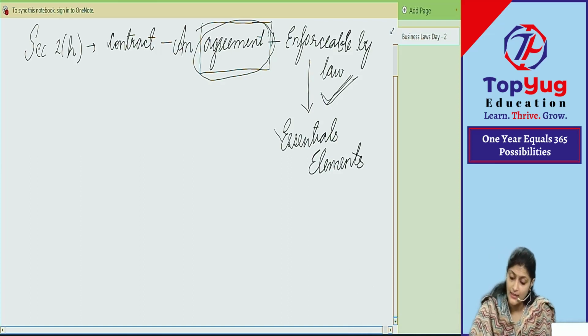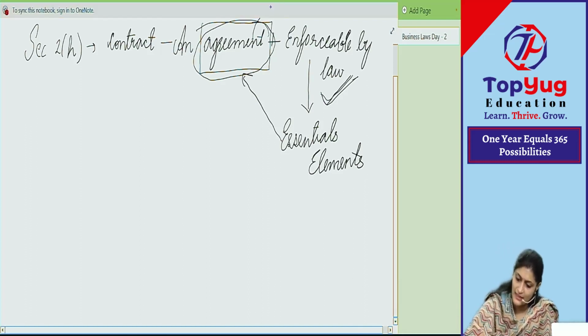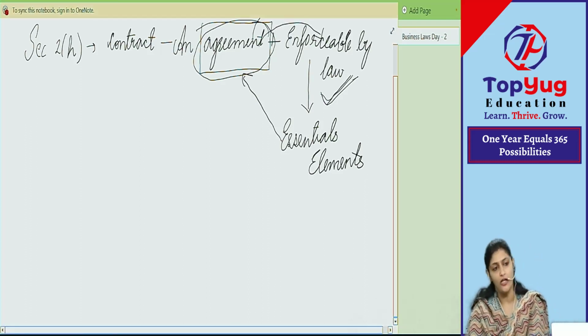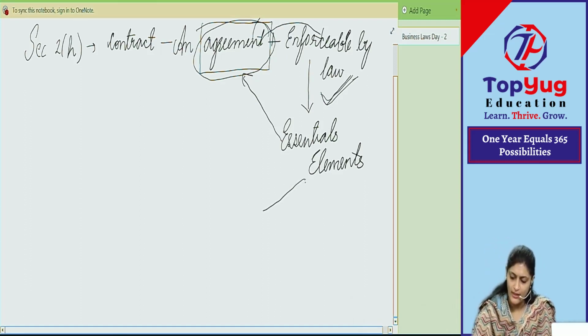If these essential elements are present in the agreement, then only this agreement will be enforceable by law.